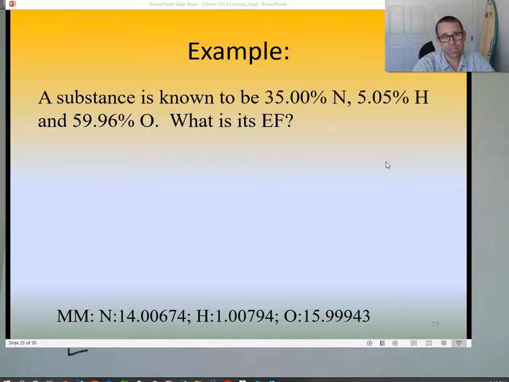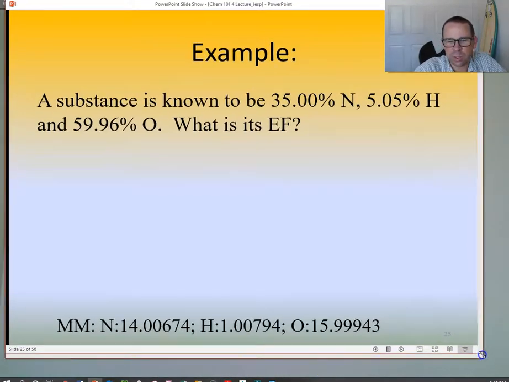Okay. This substance is known to be 35% nitrogen, 5.05% hydrogen, and 59.96% oxygen. How are we going to find that empirical formula? What is the empirical formula again? Do you remember?